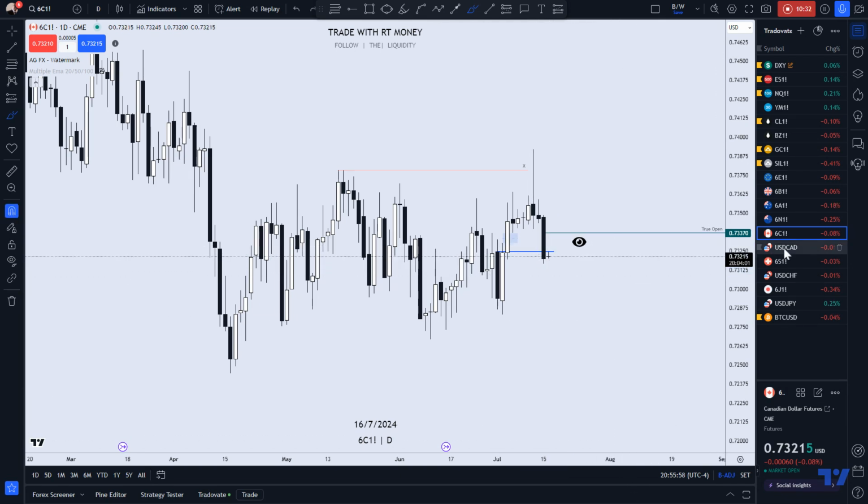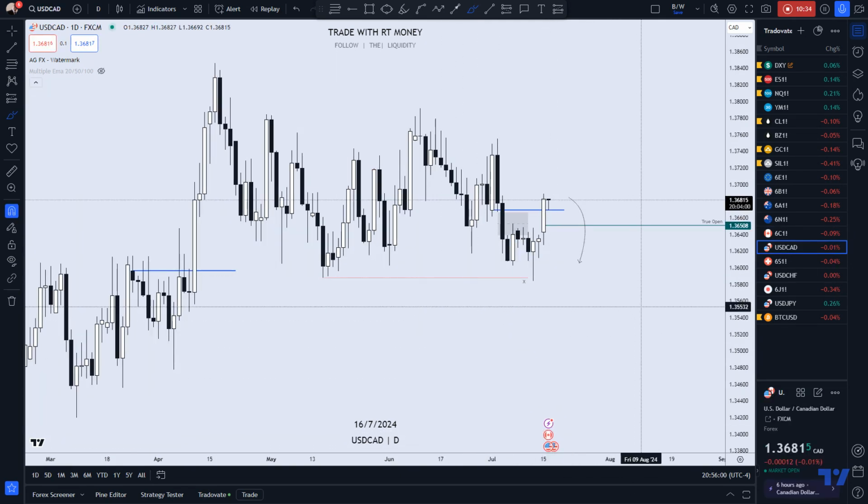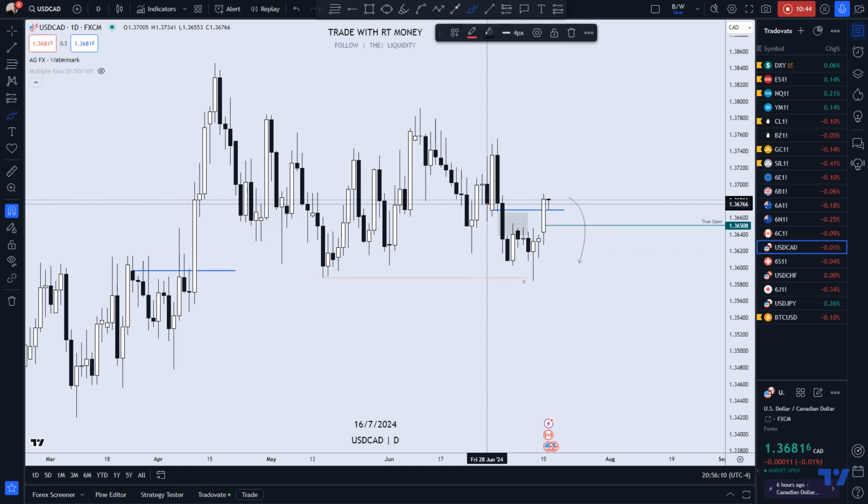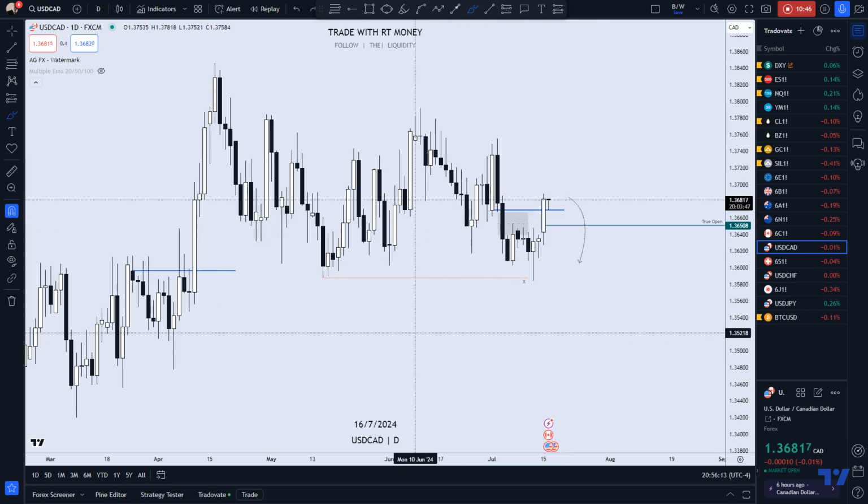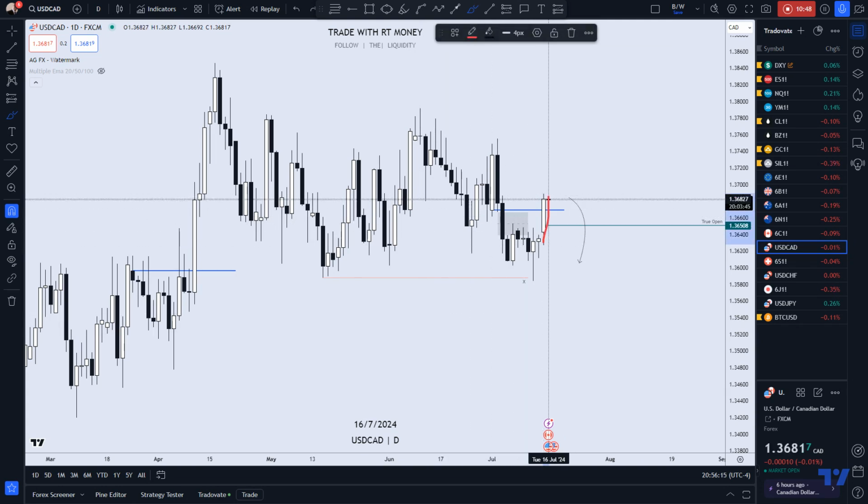Now, the inverse of this, of course, is the US dollar CAD. This is for people who want to trade the US dollar against the CAD on CFDs. Same situation. The blue line marks the order block, and here we are coming into it very bullishly. I'm looking for price to find resistance here and start to turn down.